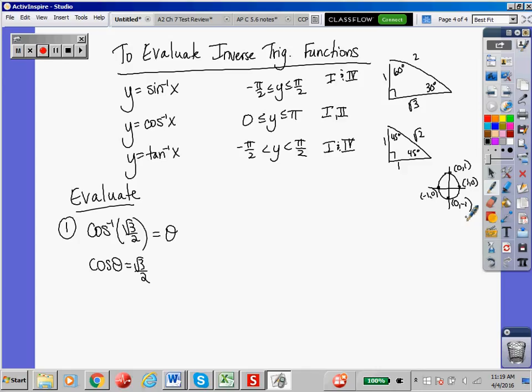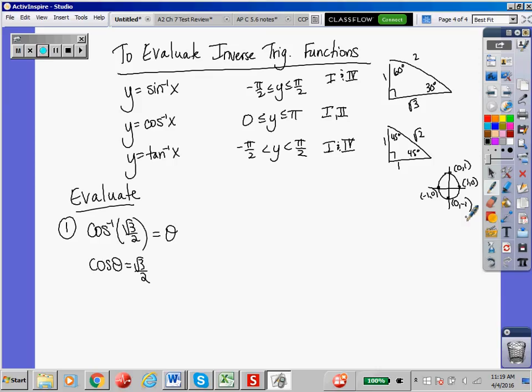All right, so cosine theta equals radical 3/2. What is the reference angle that gives me cosine of that angle is radical 3/2? 30 degrees. Okay, now, inverse cosine is either the first or the second quadrant.